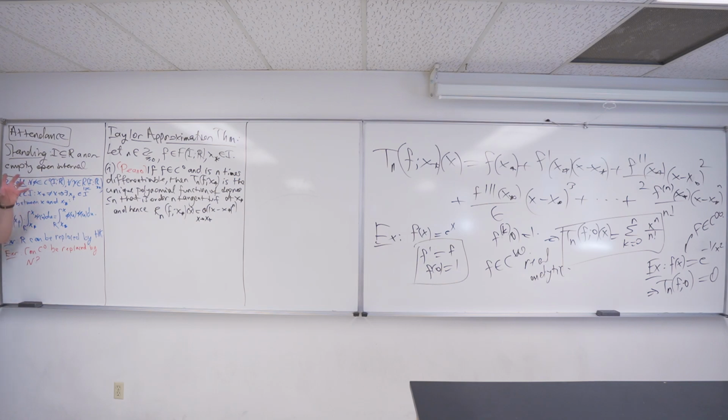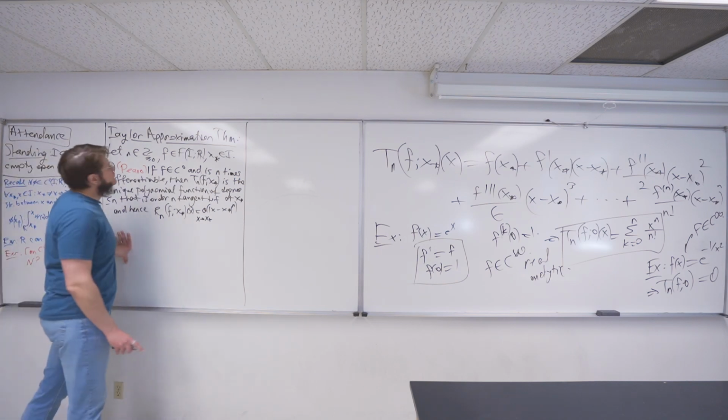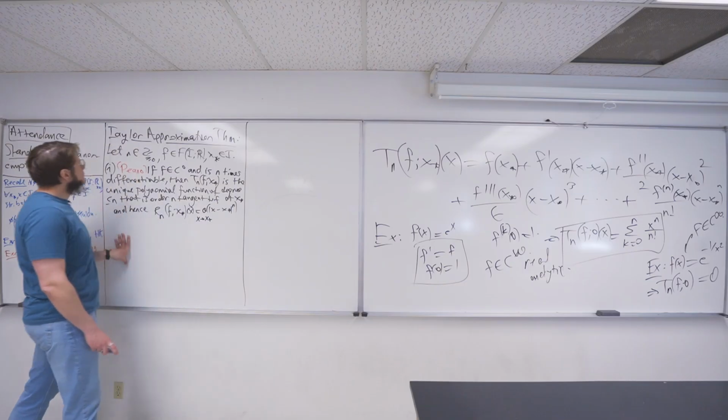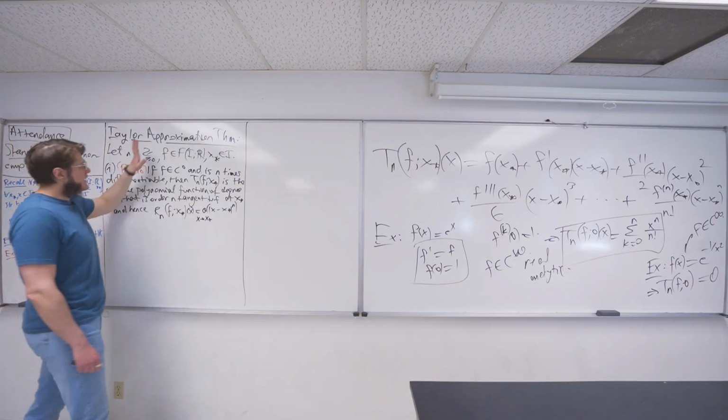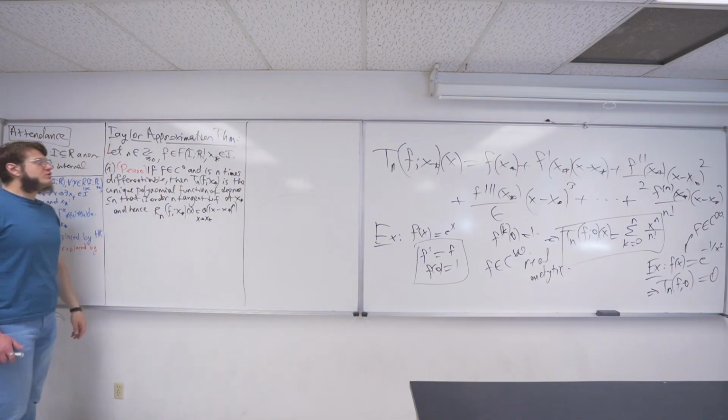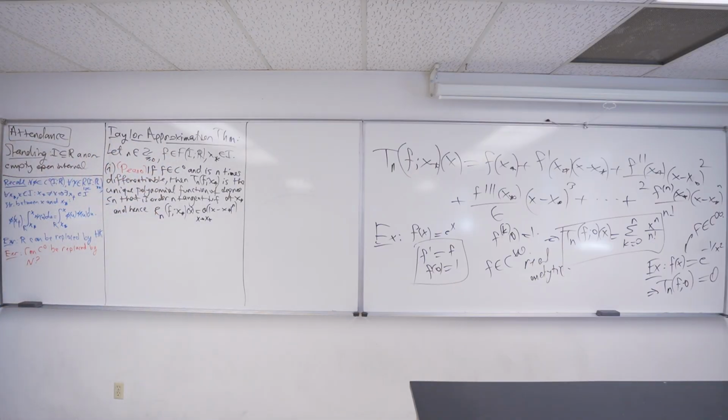OK, so let me remind you of the Taylor approximation theorem. I have a non-negative integer n. That's going to be my number of differentiability. I have some function f taking real values defined on my open interval I, and I'm choosing some base point x star.